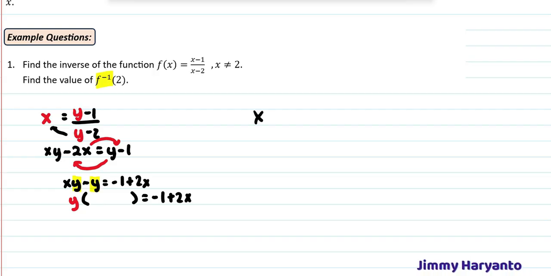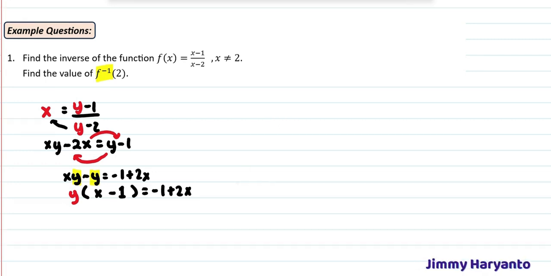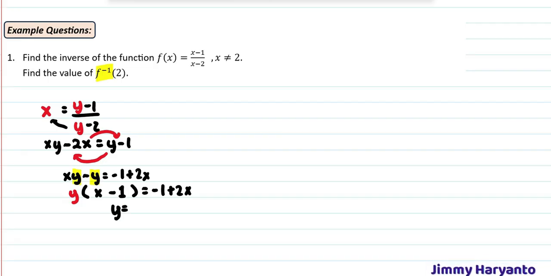We have xy before. When you take out the y, you will only have x as the remaining, and then negative y. When you take out the y, you will have negative 1 as the remainder. And then y equals to negative 1 plus 2x divided by x minus 1. Just move this x minus 1 to the right hand side.